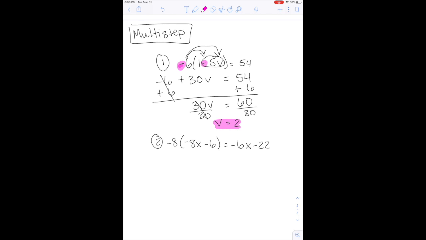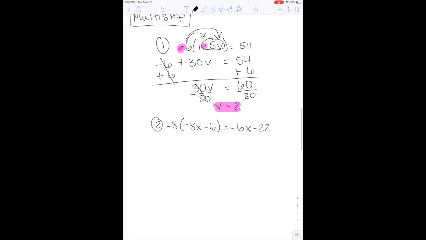Our next problem is similar. This time though, we have a variable on this side as well as on this side. First step, always when we have parentheses though, distribute or multiply times everything inside the parentheses. Once again, we're dealing with a negative and a negative and a negative.